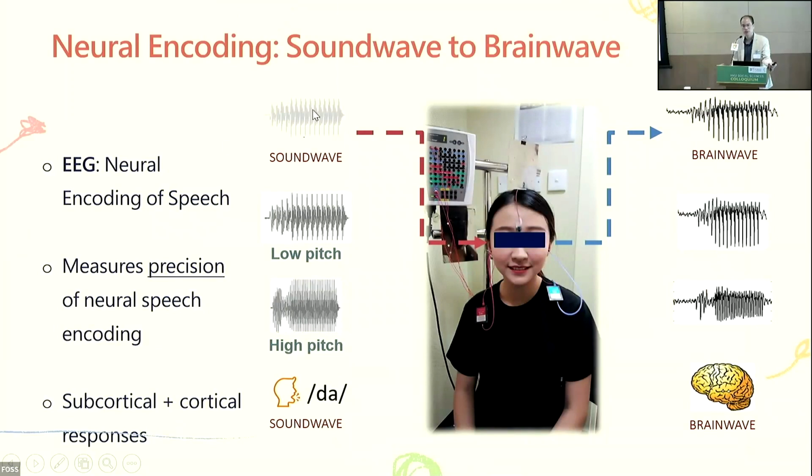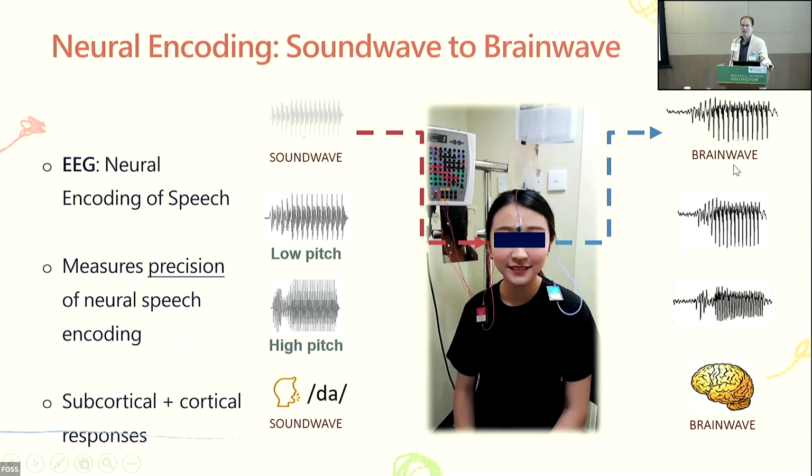Basically, what we do is that we present a speech signal to the listener like this using EEG. And then our active electrodes here are collecting how the neurons phase lock or respond to the incoming speech signal. So you can see that this wave here, the second wave here, is the wave that represents how the neurons actually respond.